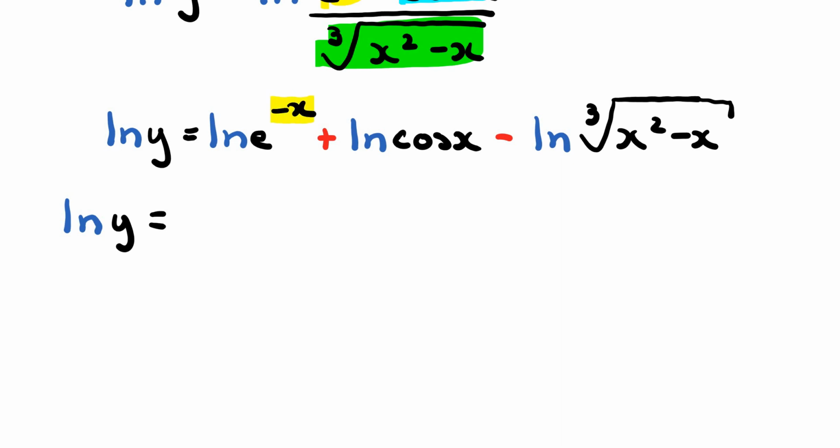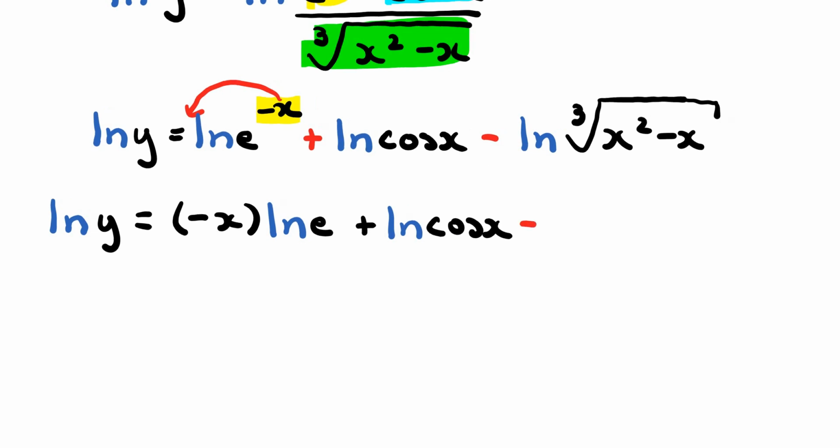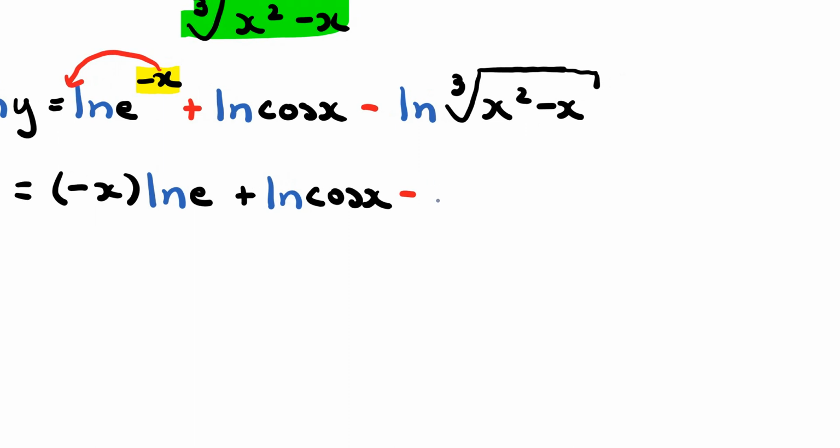I see a negative x there, so I'm going to soccer kick that to the front. I'll write that as negative x in a bracket, times ln of e, plus ln of cos x, and then minus. Now this part over here, I can write as ln of bracket x squared minus x to the power of 1/3.